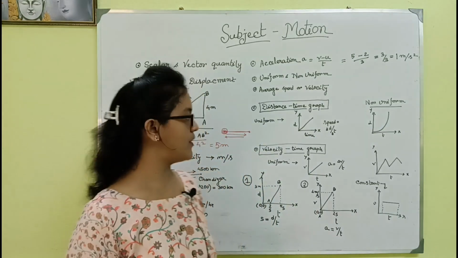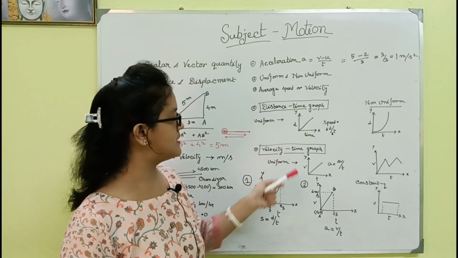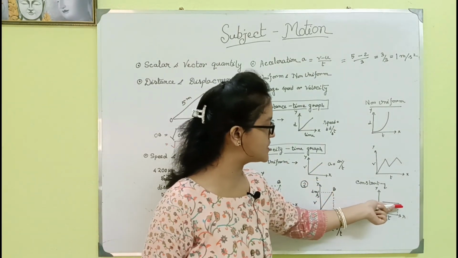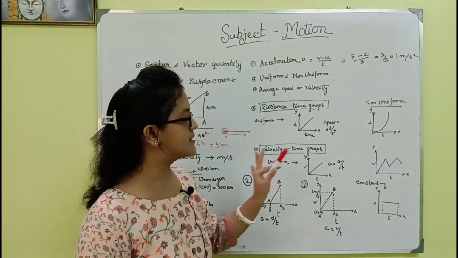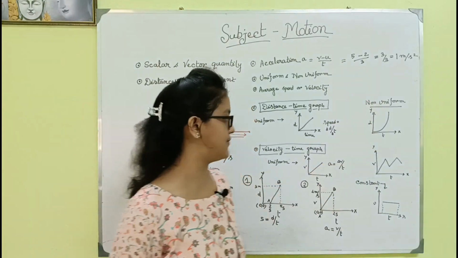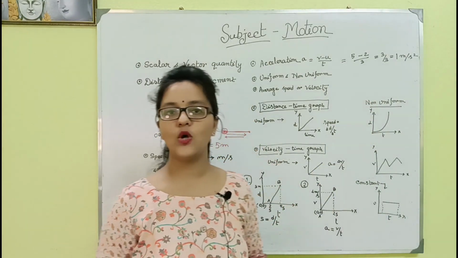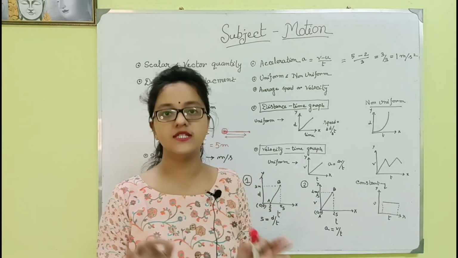Now the next point is the velocity time graph. When it is uniform, we get a straight line parallel to the x-axis for the constant velocity. A zigzag type of graphical representation we get for the non-uniform part. Along the x-axis time is put, along the y-axis velocity is put.